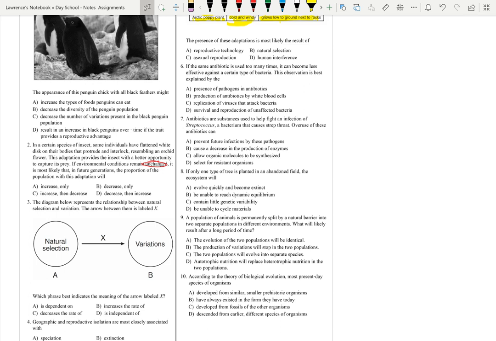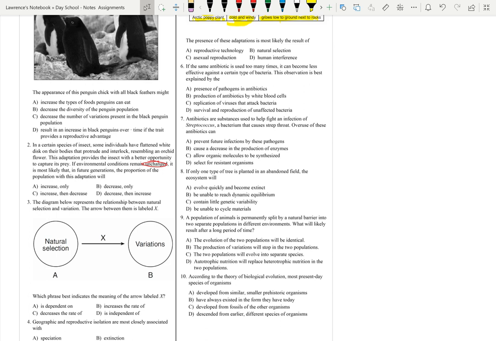C, the replication of viruses that attack bacteria. That doesn't have anything to do with using too many antibiotics, which causes them to become less effective against bacteria. No, doesn't make any sense. D, the survival and reproduction of unaffected bacteria. Yeah, you use the same antibiotic too many times.